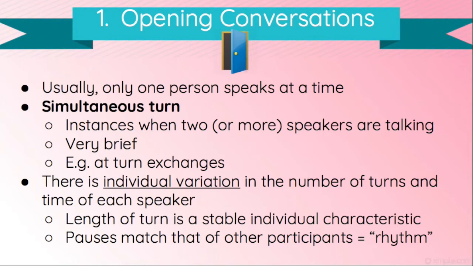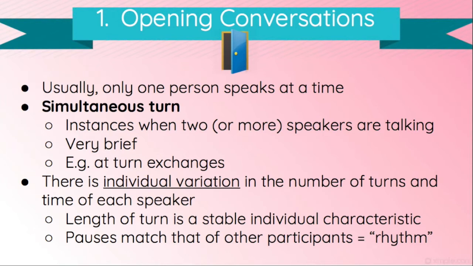So for instance, the floor of the conversation is shifting towards another speaker. Usually there's an overlap of statements towards the end of one speaker's turn. There are individual variations in the number of turns and type of each speaker, and I think this is obvious based on our own experiences as people who have engaged in conversations.